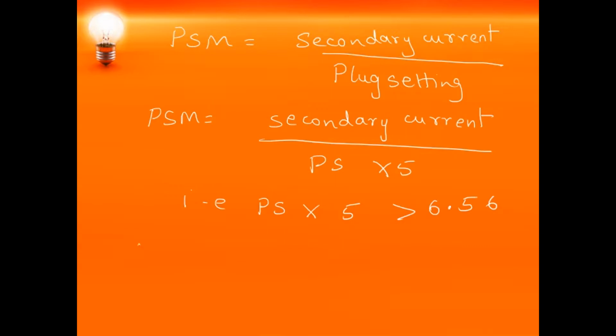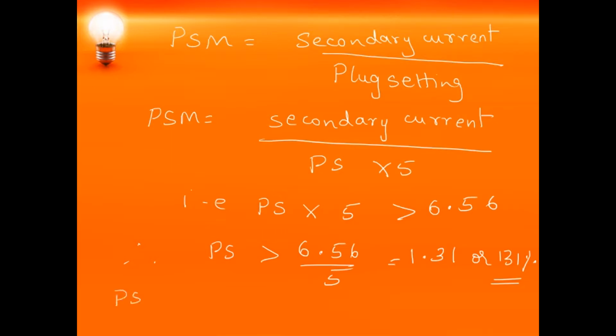Therefore, your plug setting should be greater than 6.56 by 5, which comes to around 1.31, or 131%. So the plug setting will be 131%. But the plug setting has some standard values in the interval 25% to 150%, in steps of 25%.